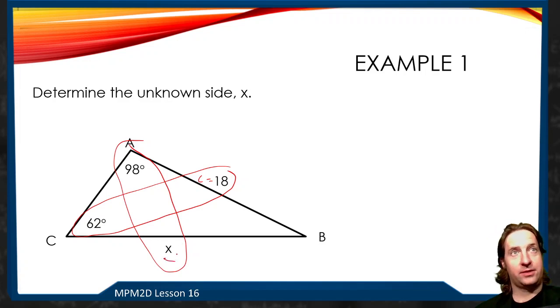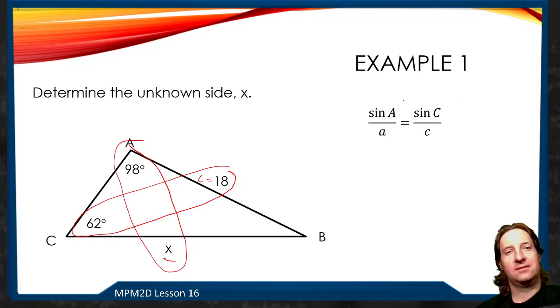However, I have the other pairs. And what do I mean by that? Okay, so I have sine A over a is equal to sine C over c. Now these letters really don't matter. As long as it's the same letter pair in your equation, it doesn't matter what letters you use.